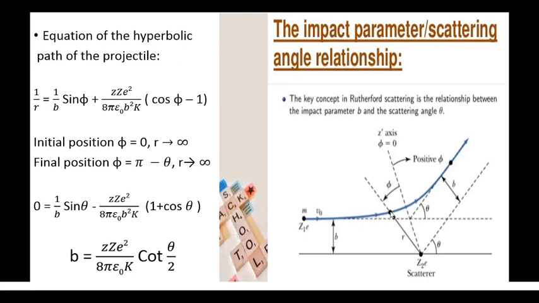If we are considering the alpha particle at this point, the distance from the atom to the alpha particle is given as r. The distance from here, the atom, to the alpha particle is r, and it makes an angle phi here. This angle is known as phi. Now what is b? It is the perpendicular distance to the particle before it gets deflected. So b is the impact parameter.